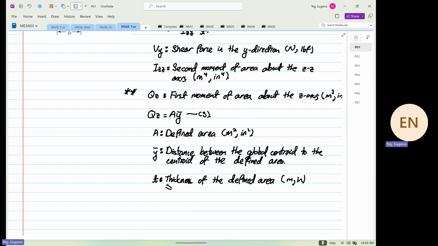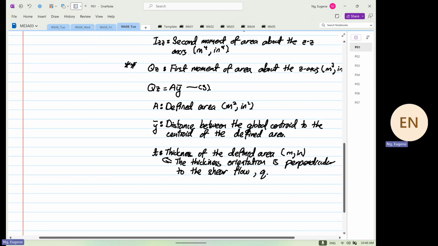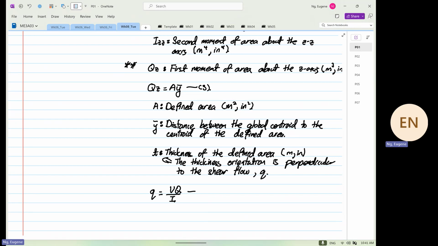And this thickness over here, it is important to note that the thickness orientation is perpendicular to the shear flow. Shear flow over here is known as q. And q is equal to VQ over I. Okay, this is our equation number 4.